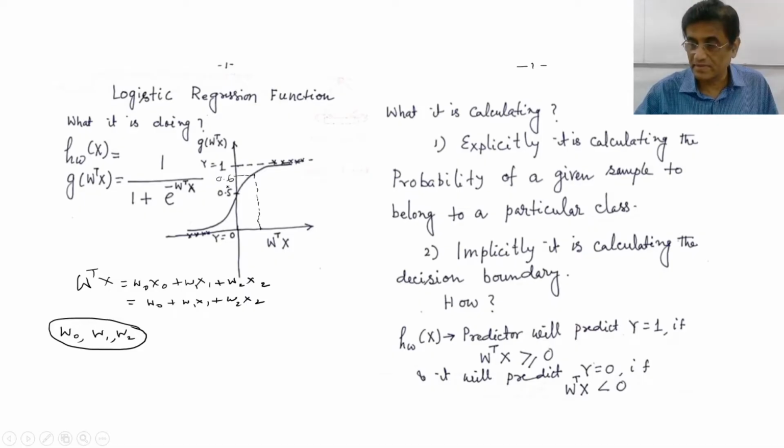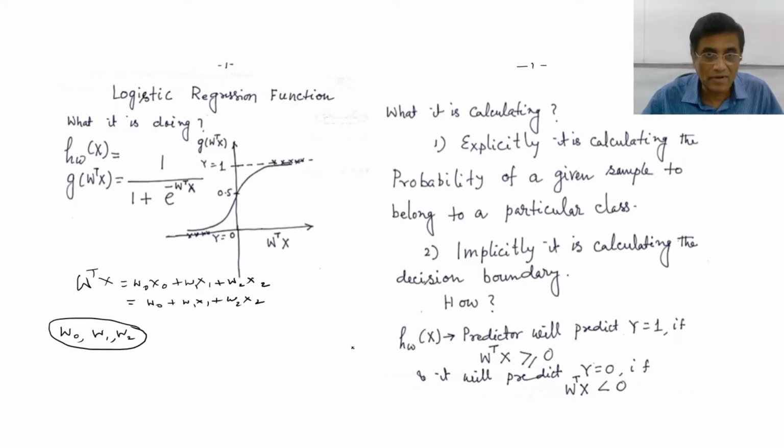This is a very interesting thing to note, that this predictor is actually calculating, for a given sample, the probability that it belongs to a class. Is it clear? Now implicitly it is also calculating the decision boundary.